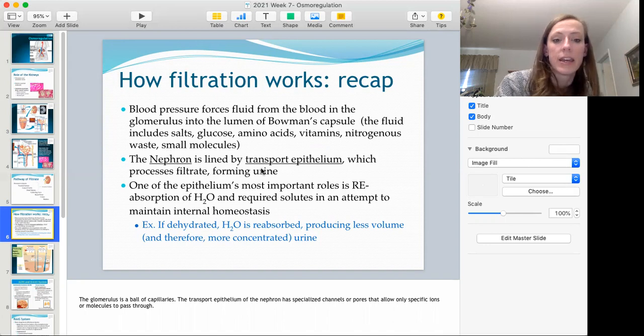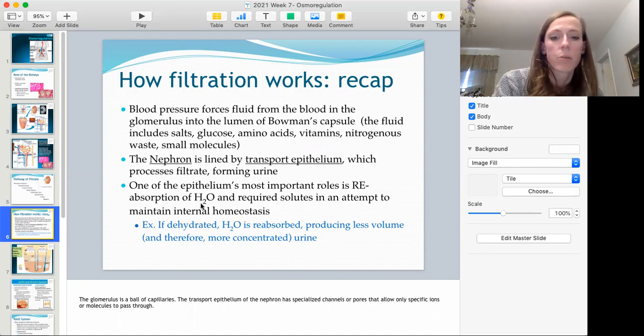and the nephron itself is lined by a transport epithelium, an epithelial layer that is responsible for moving the filtrate either across back into the body or back into the nephron so that it will ultimately leave the body, okay?